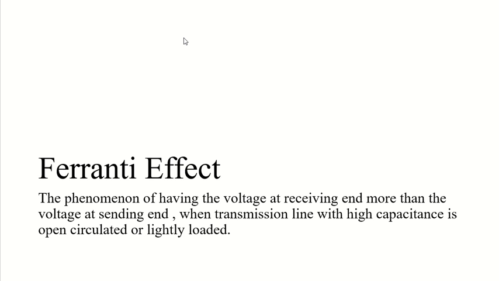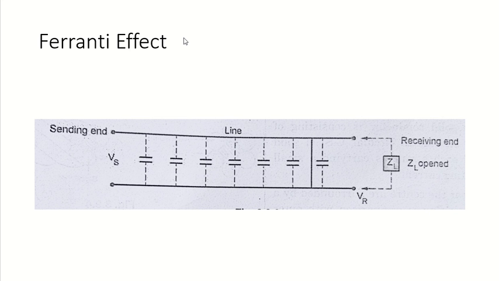In such cases, my receiving end voltage will surpass my sending end voltage, and this effect is called the Ferranti effect. It was named after a scientist known as Ferranti. Let's discuss it in a bit more detail.